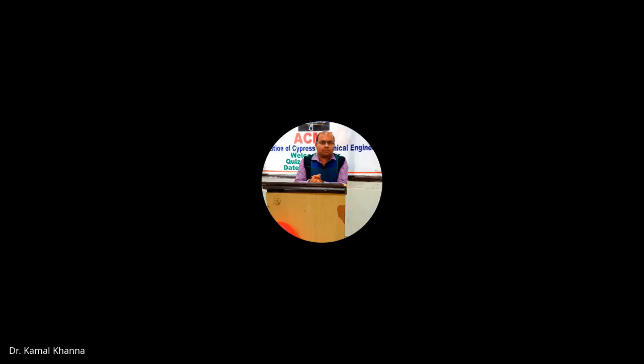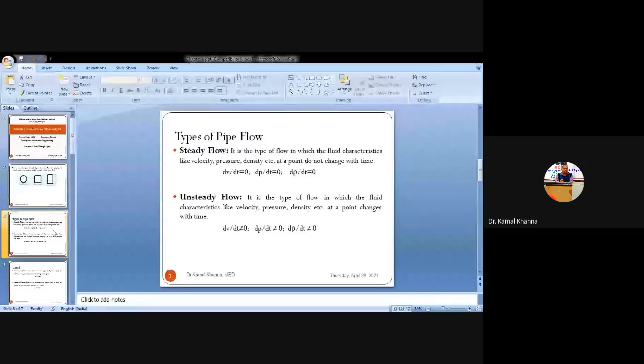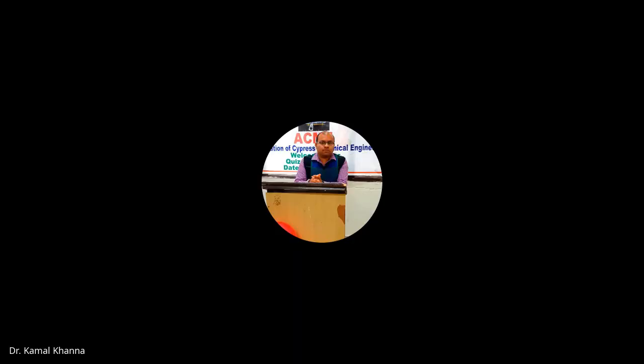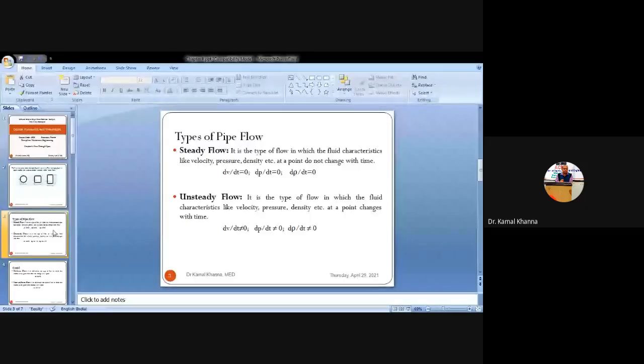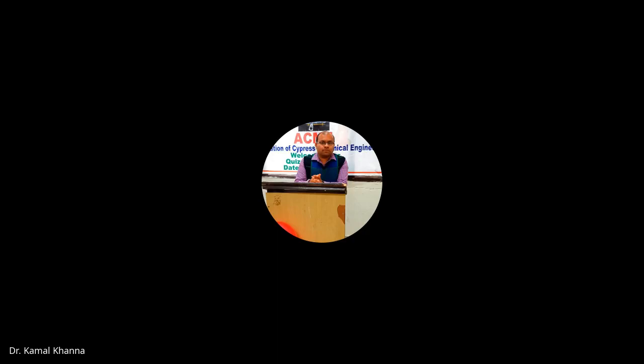So if the value of pressure, velocity and density remain same after a certain interval of time, then this flow is called a steady flow. But if these flow characteristics like velocity, pressure, density are changing with respect to change in time, that is they do not remain constant, then that flow is called the unsteady flow.